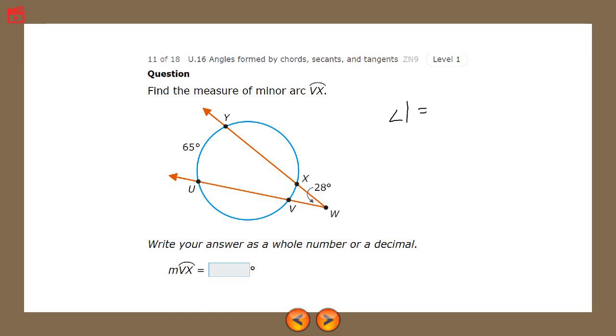It is a different picture than before, so it is half of the difference, x minus y. The larger thing is x. Inside right here is y. Angle 1 is 28 degrees. We'll plug in the relevant numbers. Half of 65 minus y.